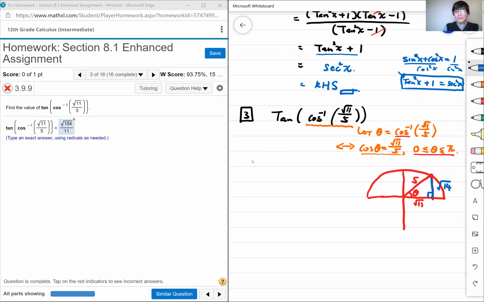Okay. So this expression is equal to tangent of theta, and looking at this picture, it's going to be square root of 14 over square root of 11. Well, when you rationalize the denominator, it's going to be square root of 154 over 11.